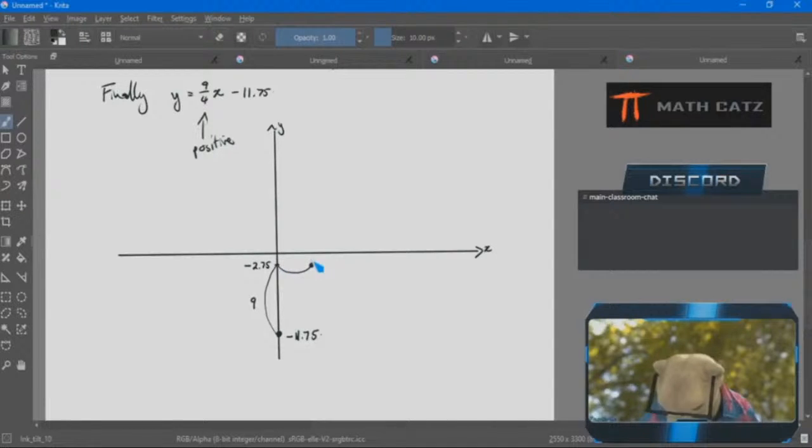So that gives me a point here with an x-coordinate of 4, because I was on the 0 x-coordinate, and negative 2.75. Let's connect them. I just need 2 points, then I can connect them. And I had a y-intercept, then I used the slope to travel wherever I want, as long as I travel in a 9:4 ratio.